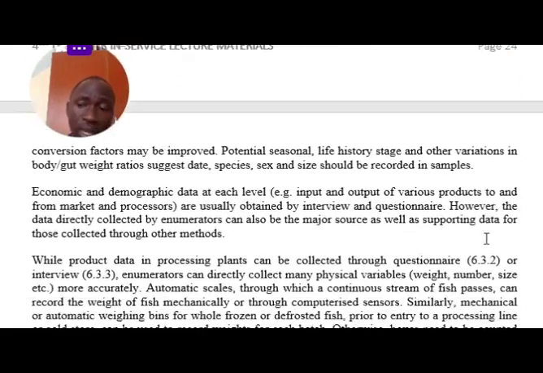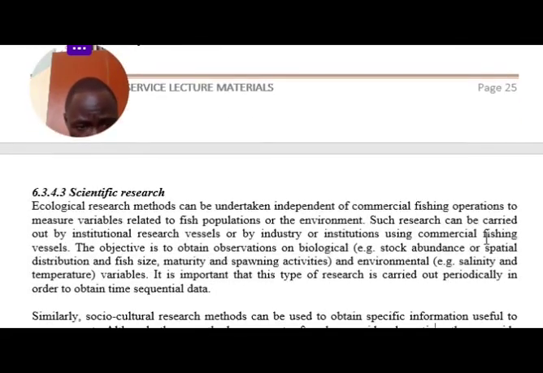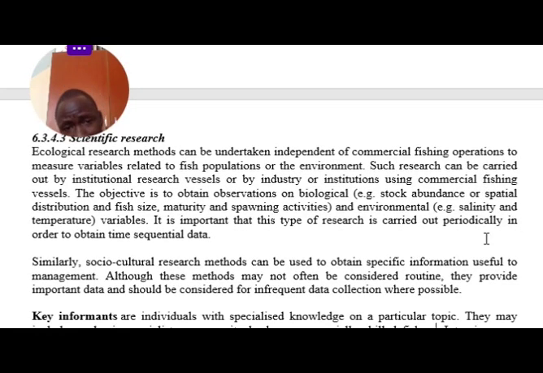The other thing we can look at is science research, or what we call ecological research. This can be understood as independent commercial fishing operations, measures that can measure variables related to the fish population or the environment.